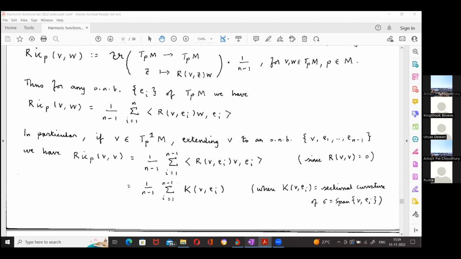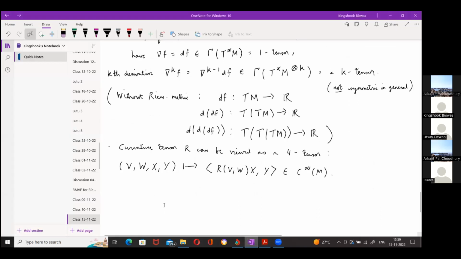So in 3 dimensions, the Ricci curvature acting on (V, V) would be as follows.